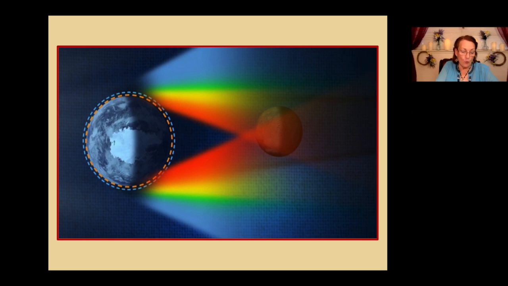Light travels in waves, and different colors of light have different physical properties. Blue light has a shorter wavelength and is scattered more easily by the particles in the Earth's atmosphere. See, the blue light ended up farther away. It's scattered more easily than the red light, which has a longer wavelength.